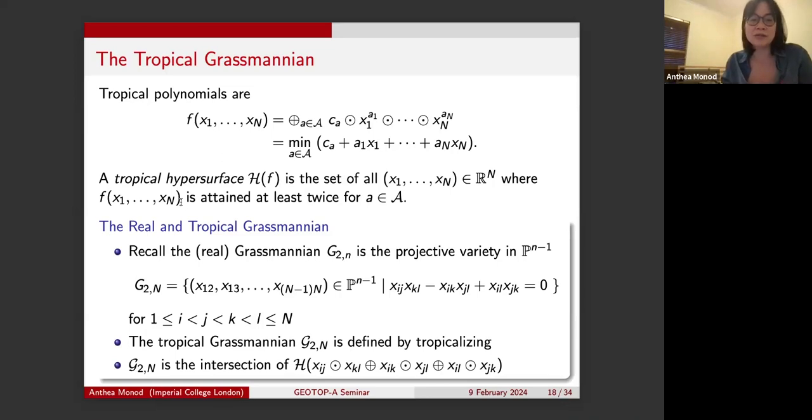And you can look at the real Grassmannian, which is an important projective variety in real algebraic geometry. If you tropicalize that, by replacing the polynomial by its tropicalization, and then take the vanishing set of intersections of tropical hypersurfaces, you get the tropical Grassmannian, and that's what this is here.